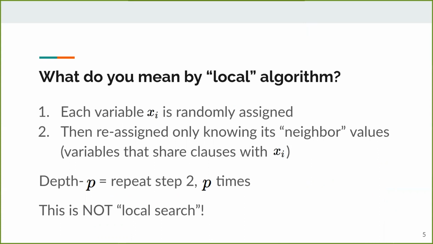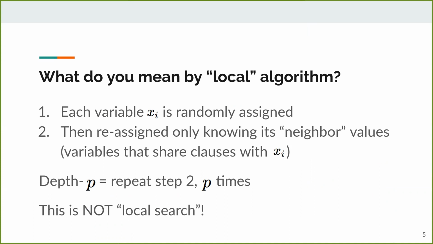And I'll be looking at local algorithms, and local has a lot of meanings. Here, I don't mean local search. I mean an algorithm style where you randomly assign each Boolean variable, and then you reassign it only knowing its neighbor values. So only knowing the variables that are involved in clauses with x sub i, then you can set x sub i.